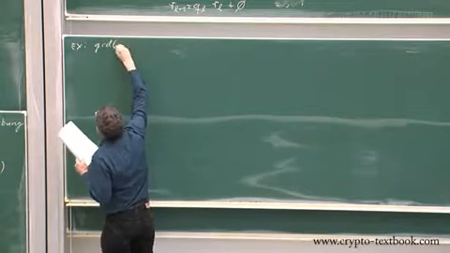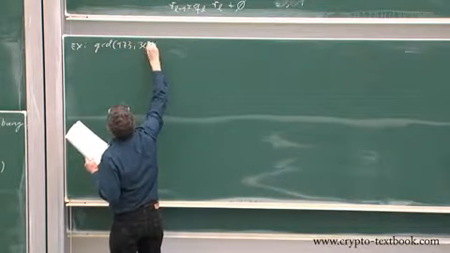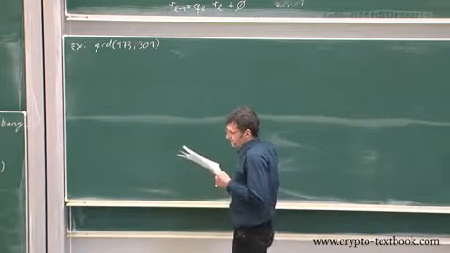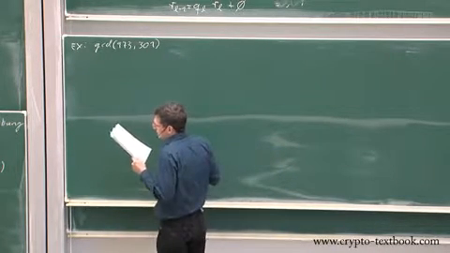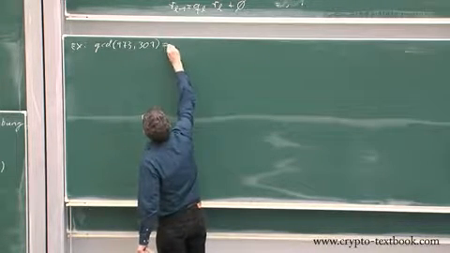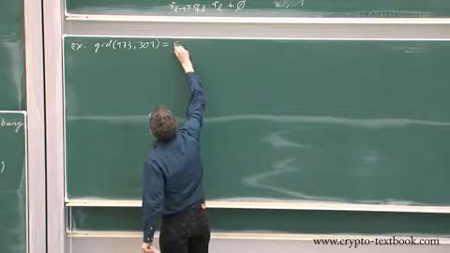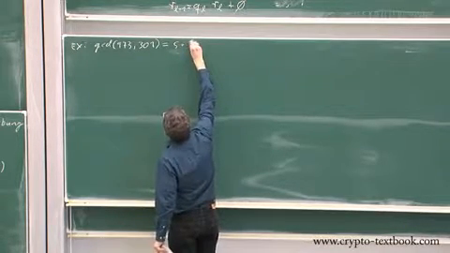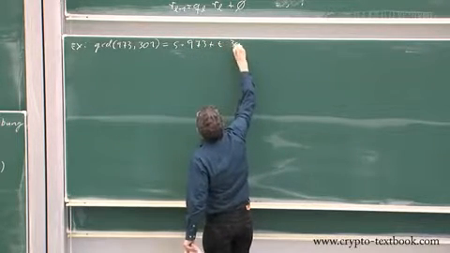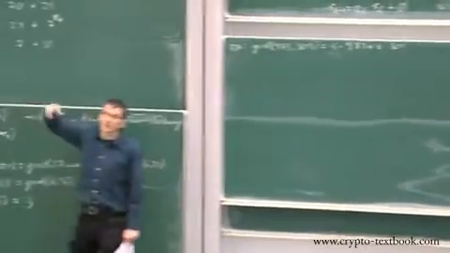So again, we have the same numbers. We have 973 and 301. And what we would like to do is write it in this way times, and we do know the GCD from here, because we all did that before.